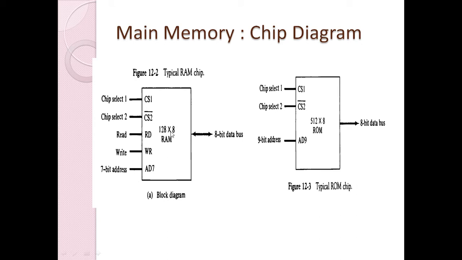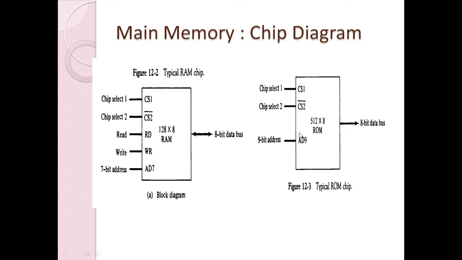Because the word length is 8 bits, the data bus will be an 8 bit data bus. CS1 and CS2 bar, these two are chip selects. So only if CS1 is high and CS2 is low, this chip will be enabled.